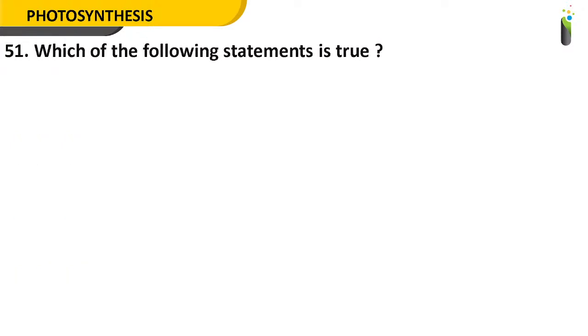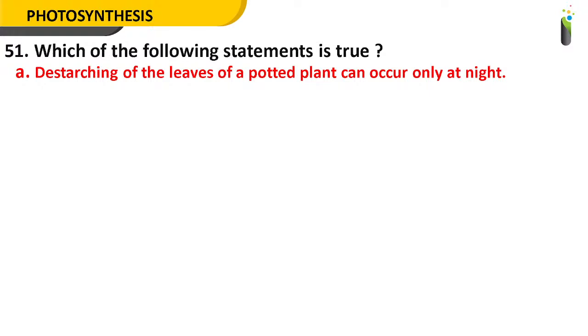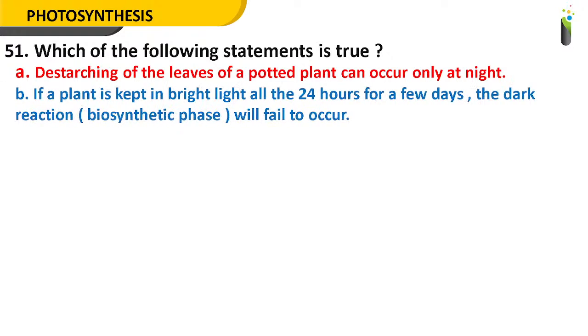Question number 51. Which of the following statements is true? A. Destarching of the leaves of a potted plant can occur only at night. B. If a plant is kept in bright light all the 24 hours for a few days, the dark reaction, that is biosynthetic phase, will fail to occur.